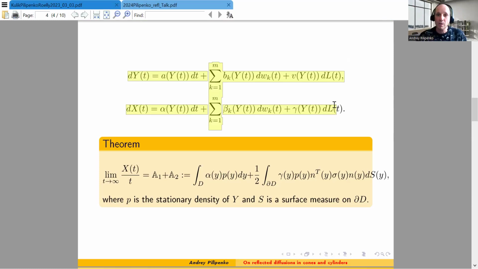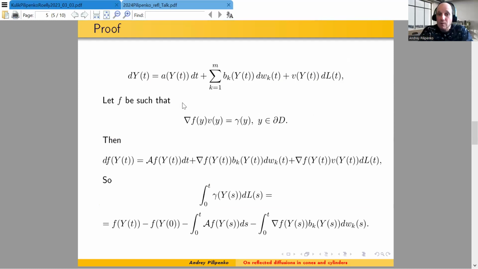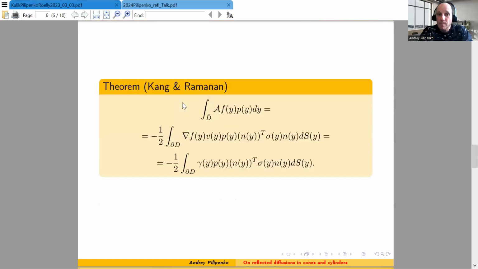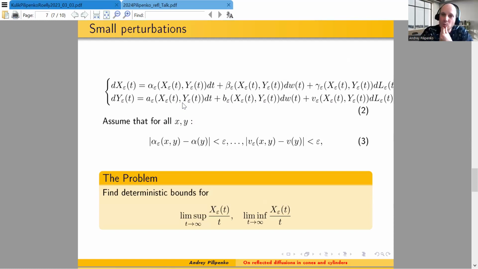One coordinate is a Markov process, and another coordinate, well, its behavior depends not only on position x, it depends on the first process y. And the next question is the following. Assume that you have a perturbation of our original equation.